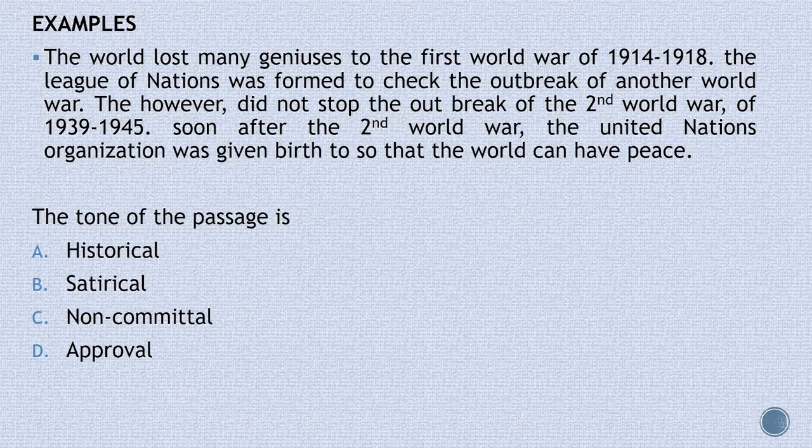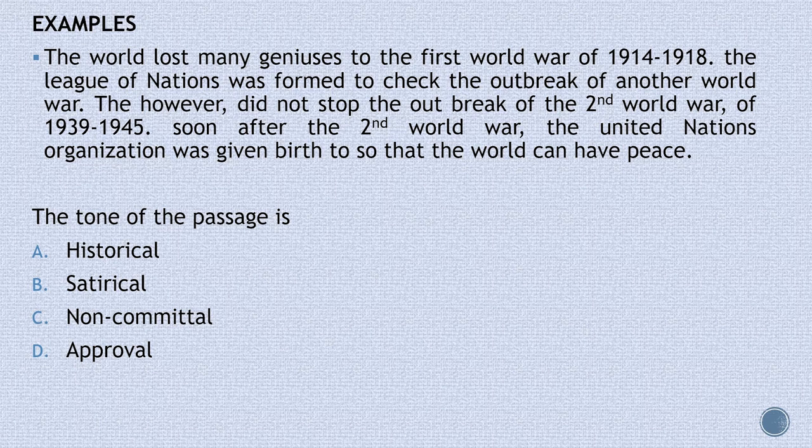The world lost many geniuses in the First World War of 1914 to 1918. The League of Nations was formed to check the outbreak of another world war. This, however, did not stop the outbreak of the Second World War of 1939 to 1945. Soon after the Second World War, the United Nations Organization was given birth to so that the world can have peace.